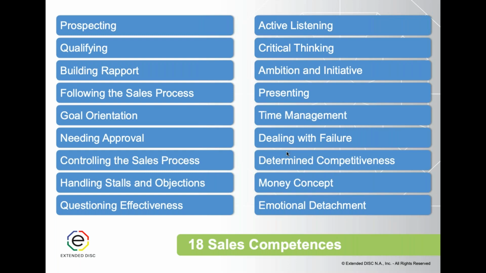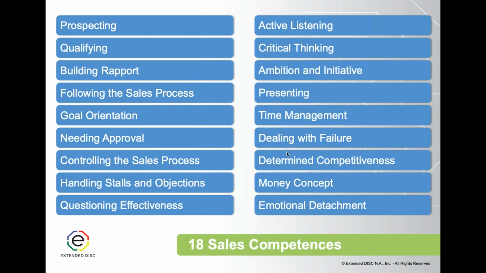When we look at these 18 competencies, one thing that is important to understand is this: if you look at, for example, prospecting, the first one on the left column there, prospecting may be a very critical area for someone's success in, let's say, the first 6 months or first couple of years when they are starting their sales career. They don't have an existing client base, so they really have to go and find new leads and develop those.